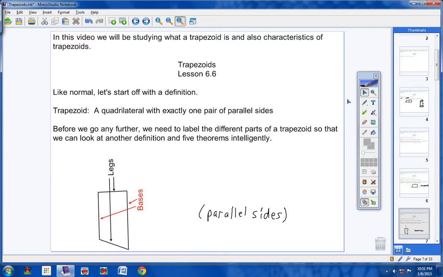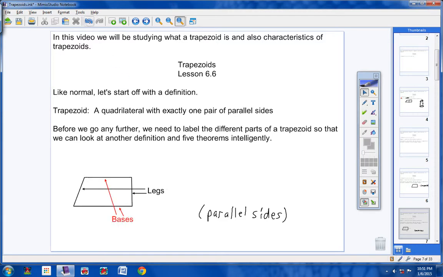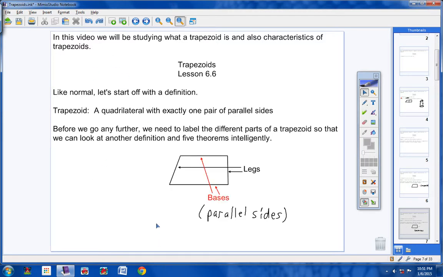Okay? The bases will still be this side here and this side here. The parallel sides are always the bases. So please make sure you understand that. Okay, I'm going to pause while you get all that squared away in your notes. The legs are the non-parallel sides. The bases are the parallel sides.